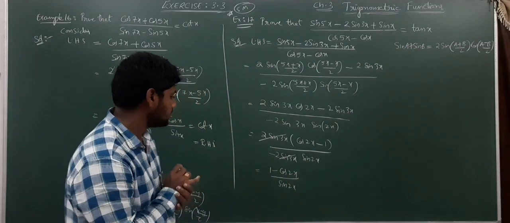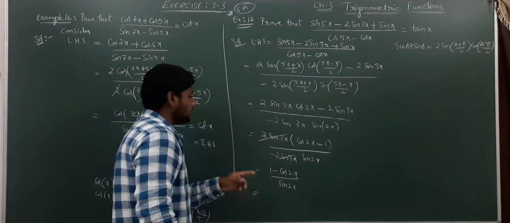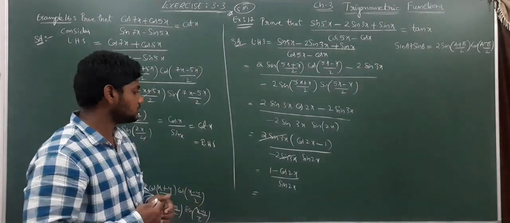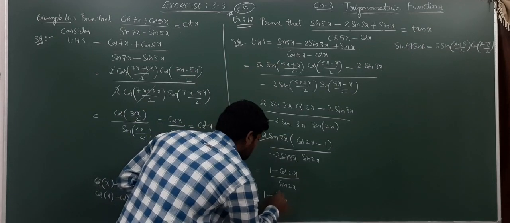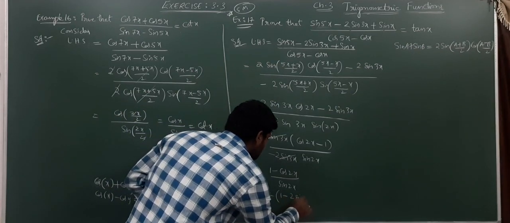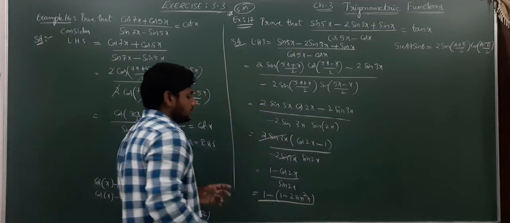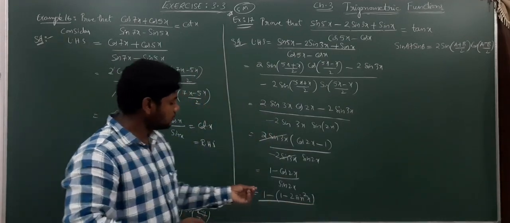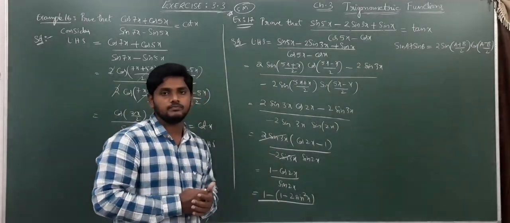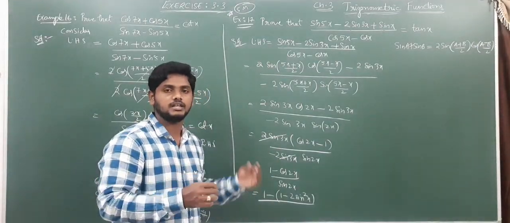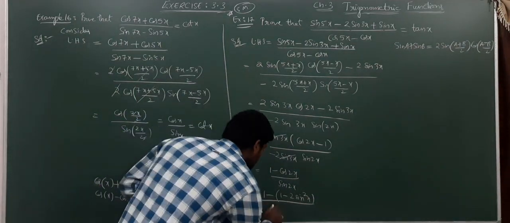So that's why what I will do is, cos 2x we have 4 formulas, right? Out of those, which one we need to write is 1 minus 2 sin square x. If you have a doubt why we need to consider 1 minus 2 sin square x, why not 2 cos square x minus 1, let us check that one also. So 1 minus 2 sin square x by sin 2x.